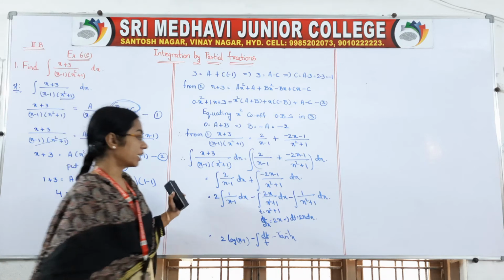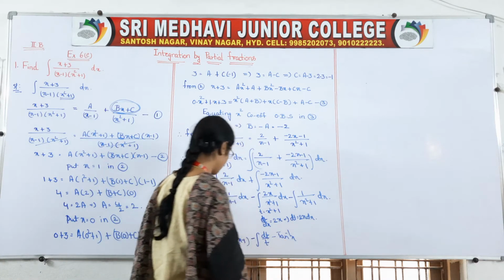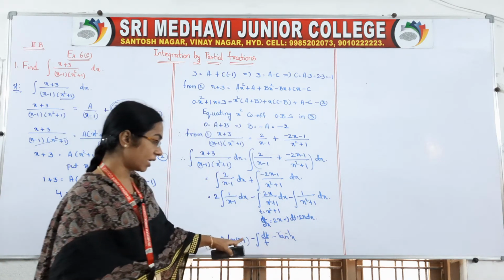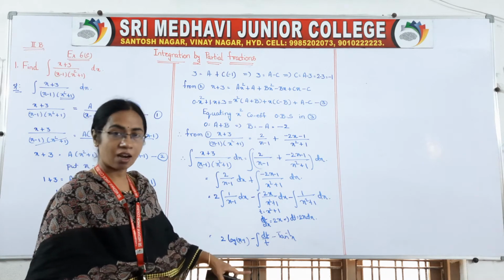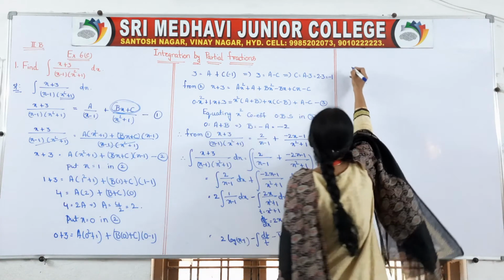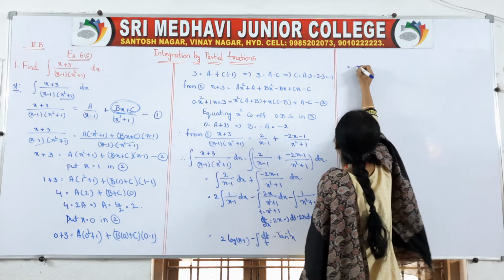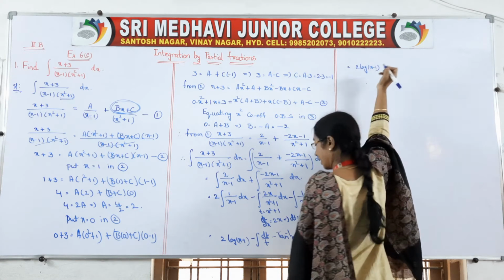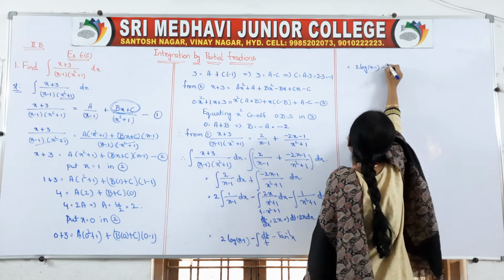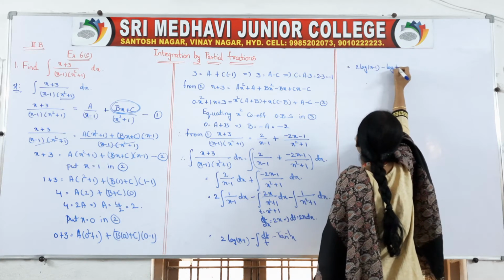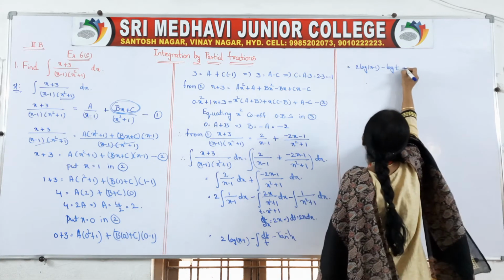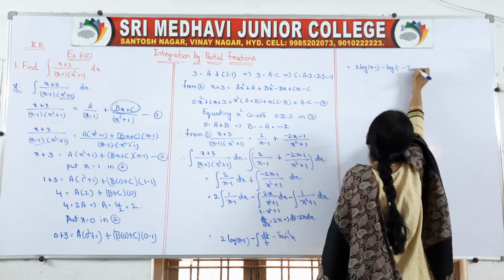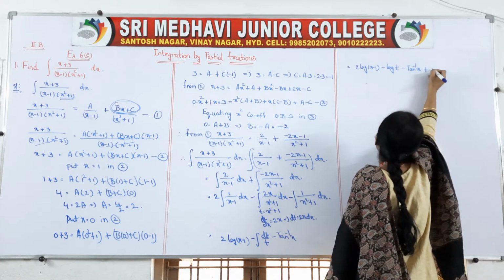So it is tan inverse x. And the integral of dt by t is log t. So it is equal to 2 log of (x minus 1) minus log t, minus tan inverse x plus c.